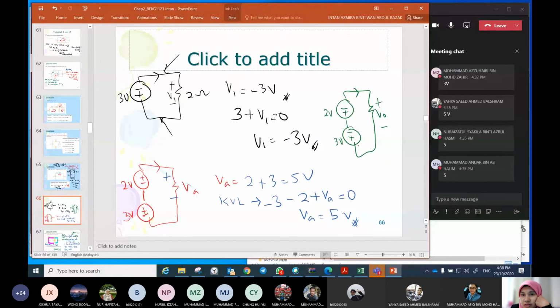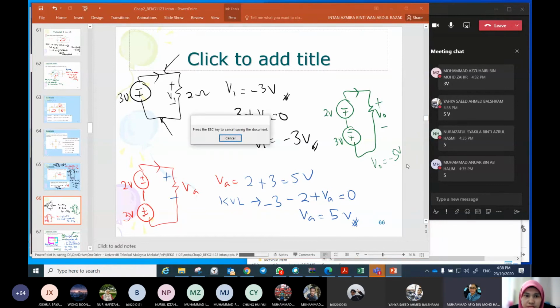The 3 and 2 arrangement is in the opposite way. The arrangement of voltage source is opposite with the arrangement of V out. So negative, positive, but here positive, negative. So we know that V out is equal to minus 5 volts. If you apply KVL, you will get the same.